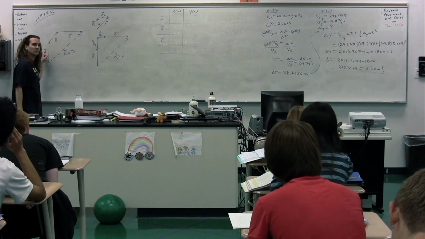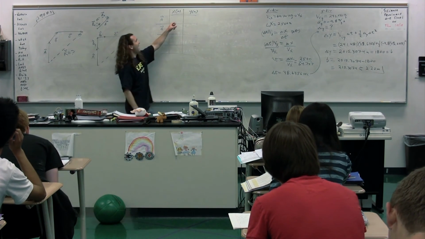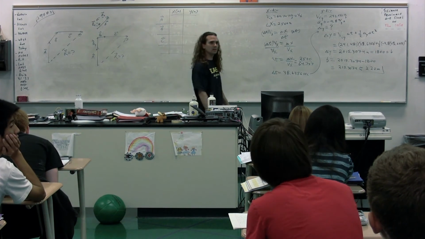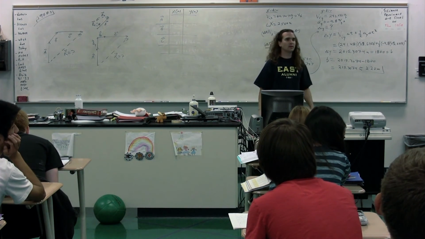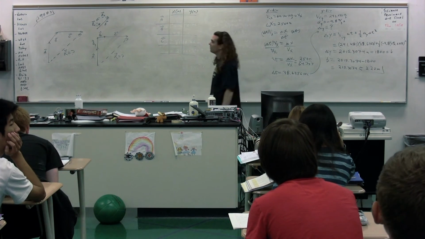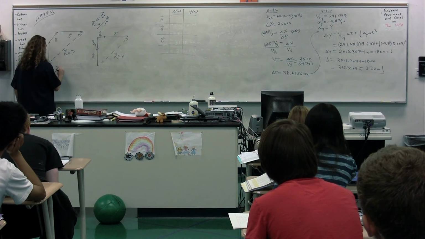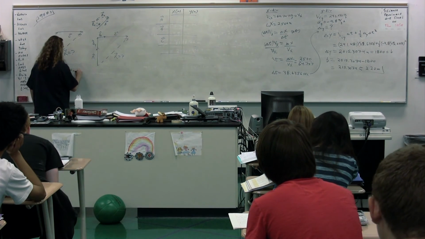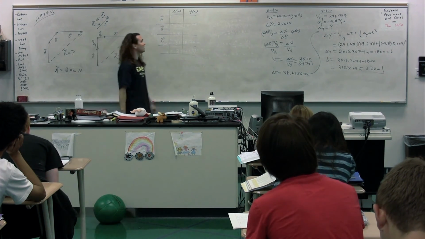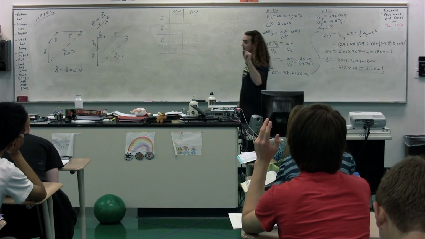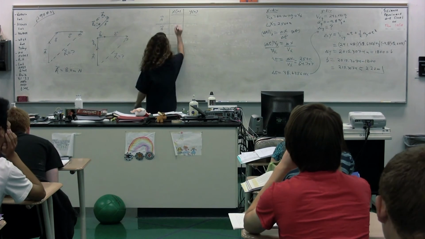Vector A. Christine, I'm looking for the x component. We'll just start there. The x component of vector A. Vector A, you are correct, is equal to 8.0 meters north. But that is not the x component of vector A. The x component, Alejandro, of vector A is 0.